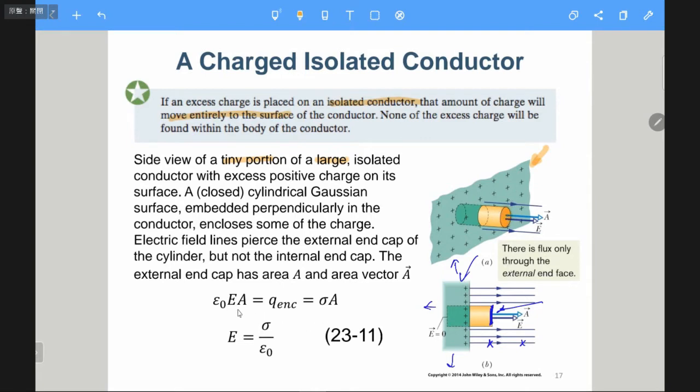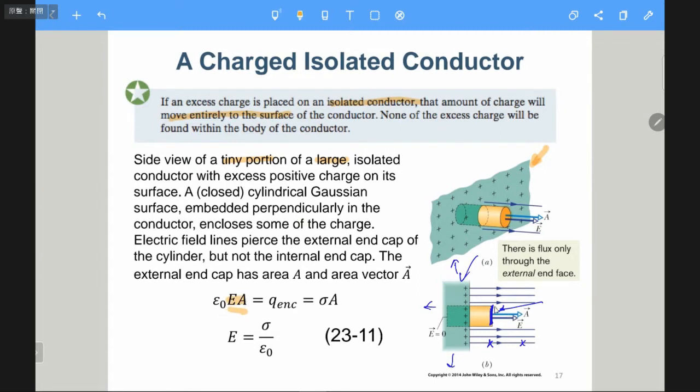So we have nothing but E times A for this side. For the other side, there is no E, so there is no flux for this plane. For the side part, the E field is parallel to the surface, which means perpendicular to the area vector, so there is no contribution. So we only have EA, which is the total flux.